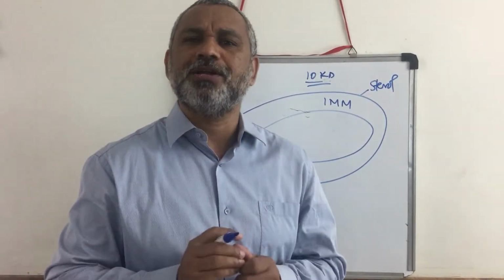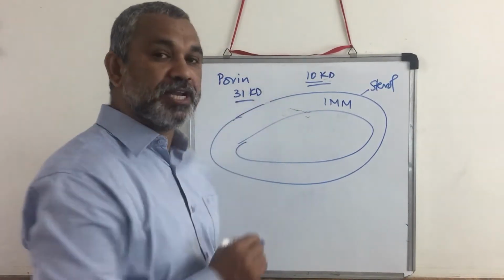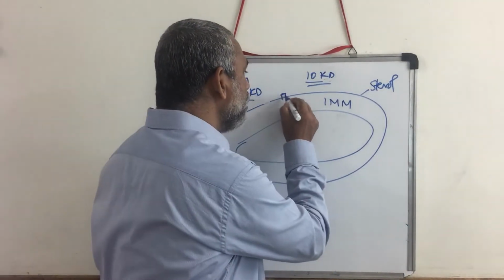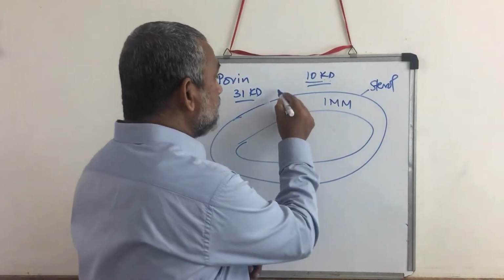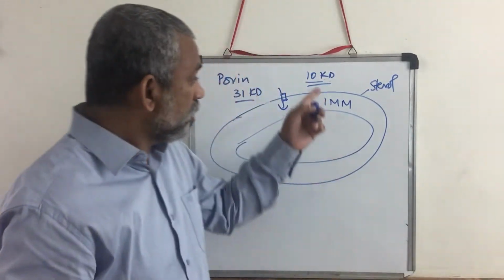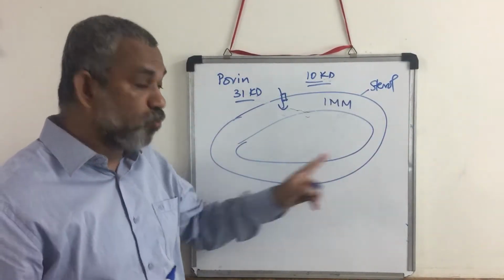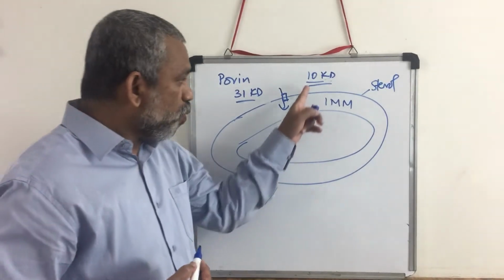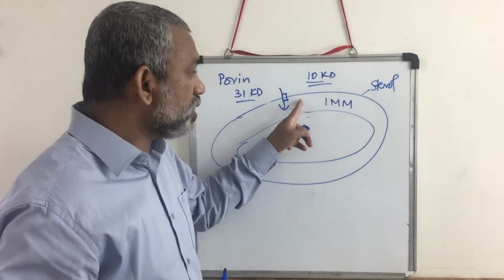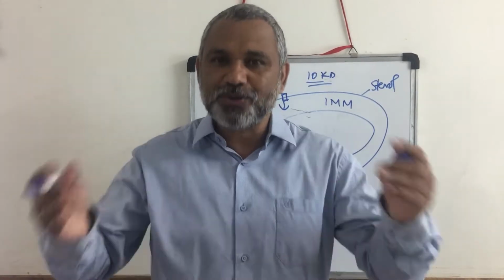Porin is a small protein of about 31 kilodalton molecular weight. These porin molecules allow particles to come inside. That is the mechanism by which molecules cross the first barrier, the outer membrane. Once it crosses the outer membrane, it comes to the inner membrane space and it will get settled there. Molecules can get accumulated.